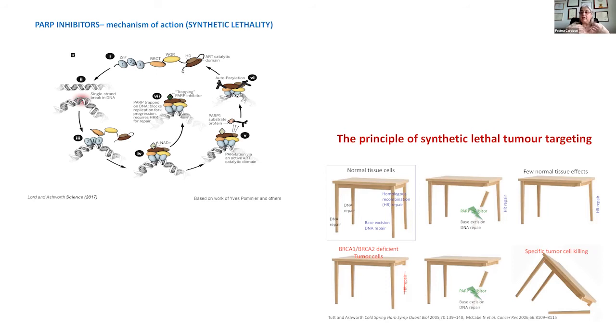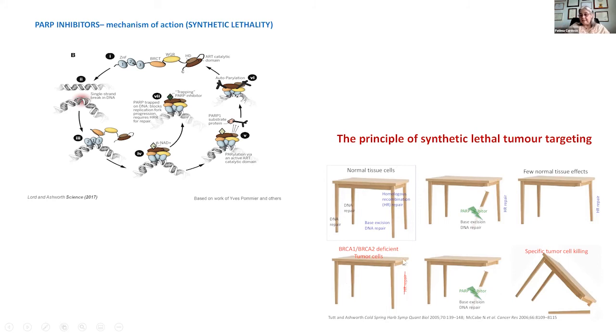When we have a hereditary breast cancer, so we have those breast cancer genes, the BRCA, what happens is that our cells have a deficiency in the mechanisms of DNA repair. And you see the tumor cell is particularly sensitive to this BRCA deficiency.